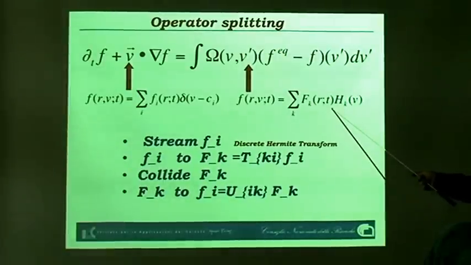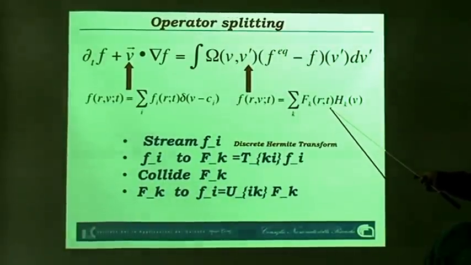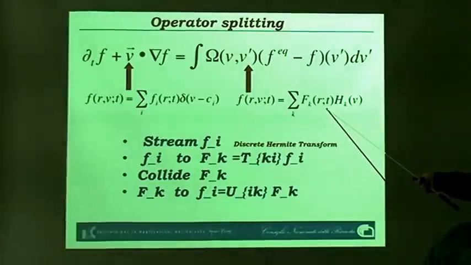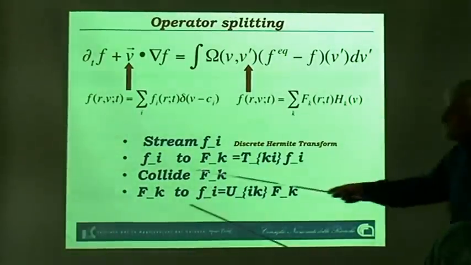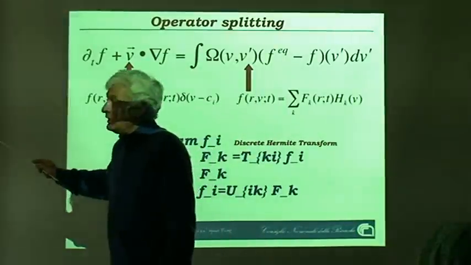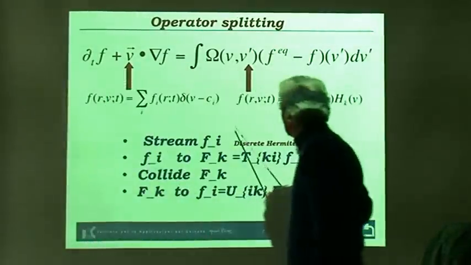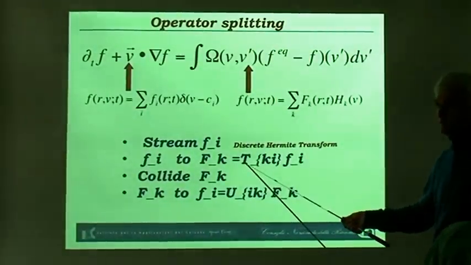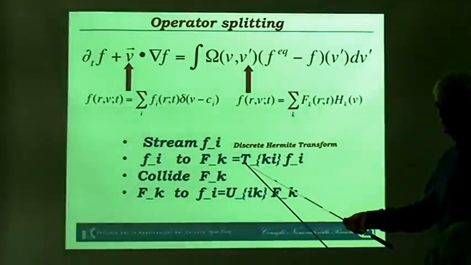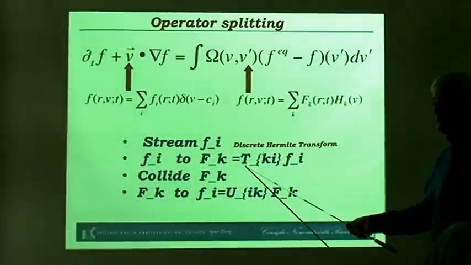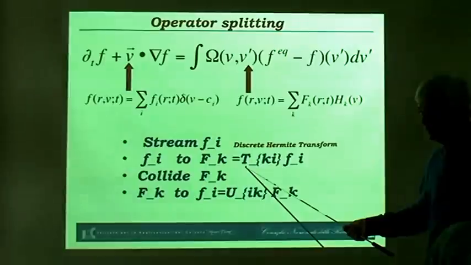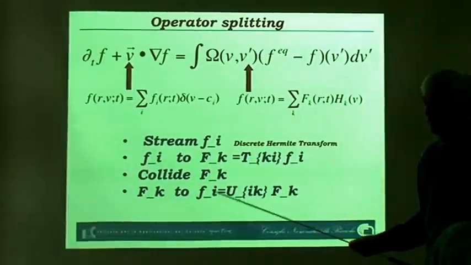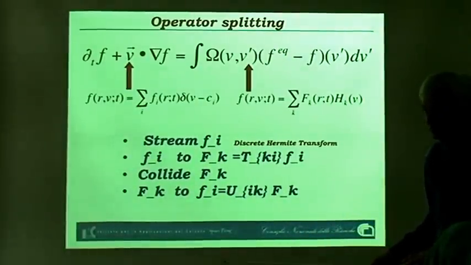But in the end, if you do the effort, the performance toll that you have to pay is rather marginal. In 3 dimensions, if I go to 19 velocities, of course, the transformation matrix is 19 by 19 with many symmetries, but nevertheless, you have to do it on every lattice site every time step. So there is a price to pay for stabilizing your code.